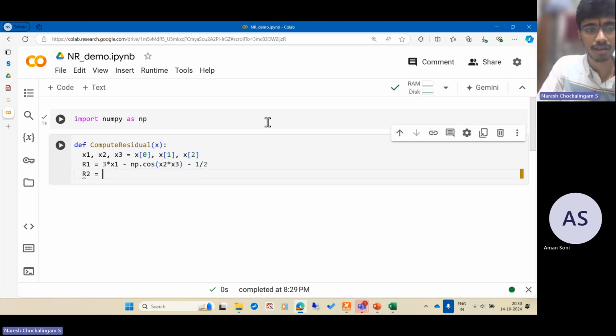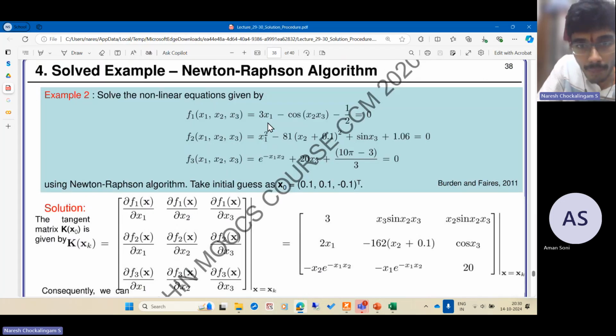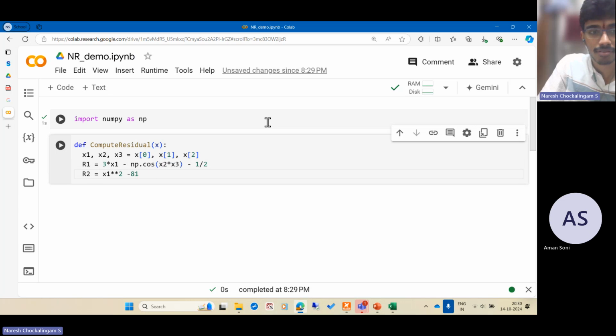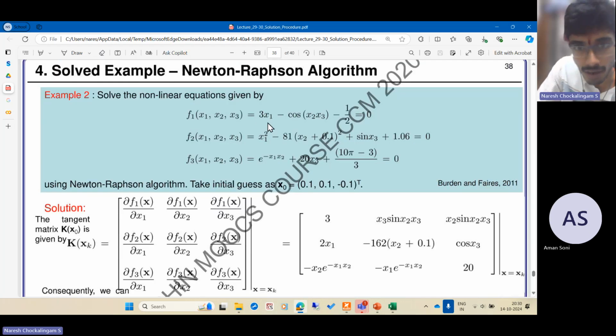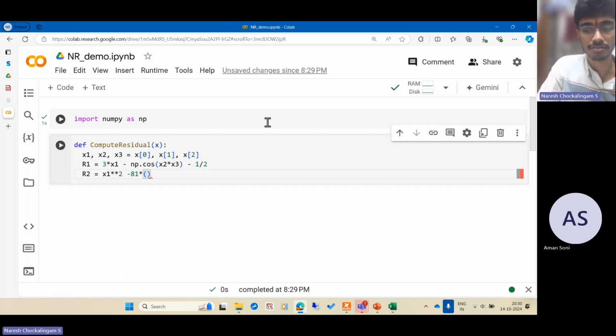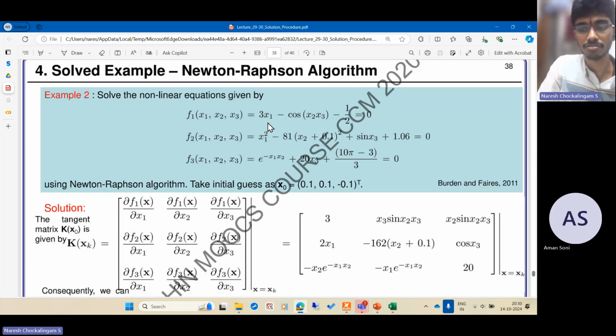Then R2 is x1 star star 2 minus 81 times x2 plus 0.1 whole square, plus np dot sine x3, plus 1.06.